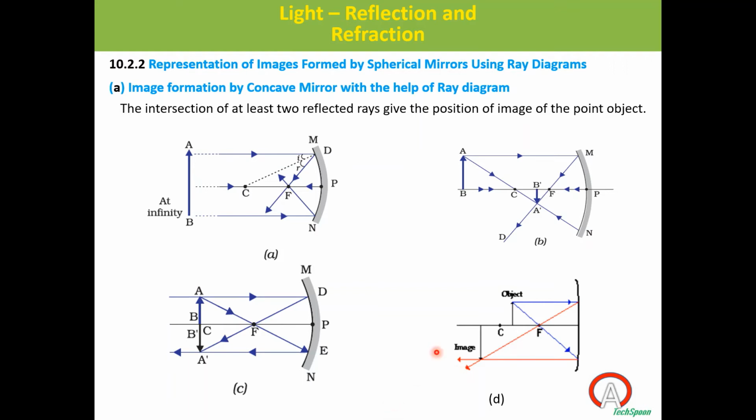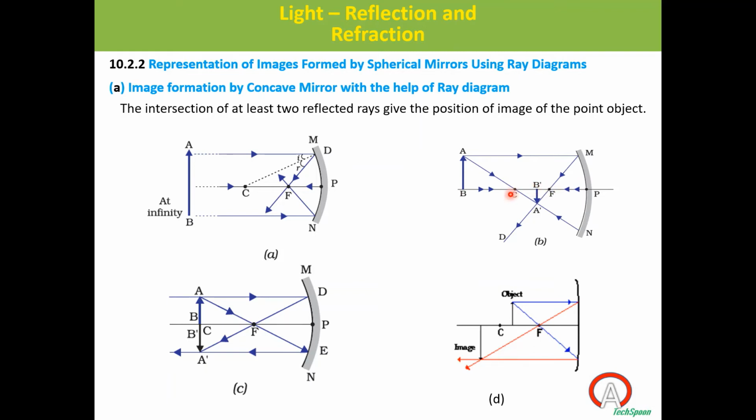To find the size of the image, you have to draw this diagram. You have to take approximate values for F and C. If you take the radius of curvature C as 10 centimeter, you mark F at 5 centimeter, right?